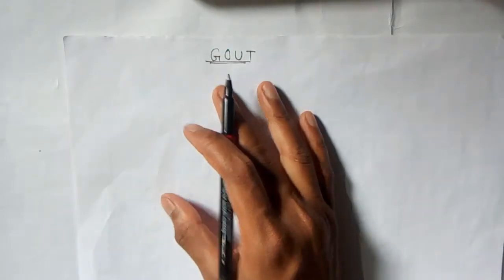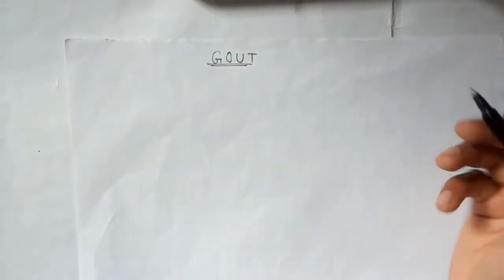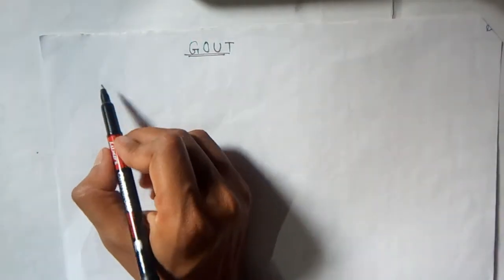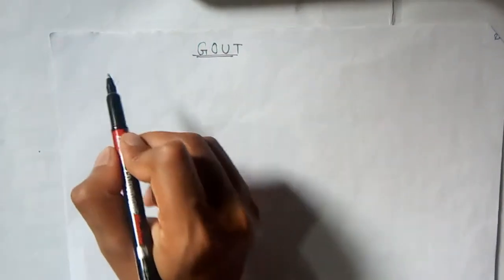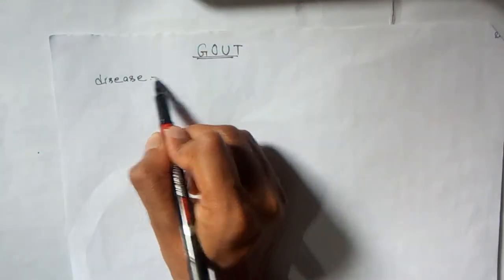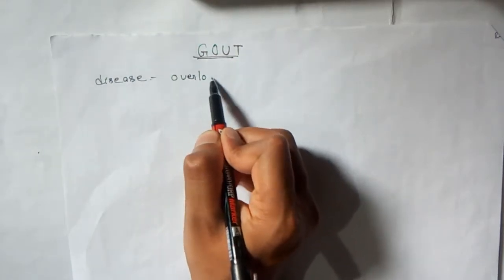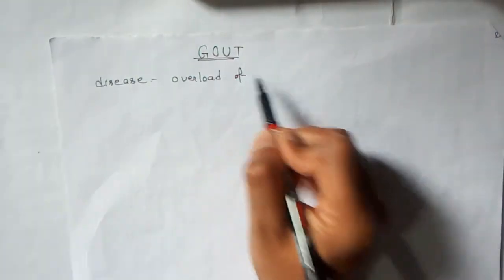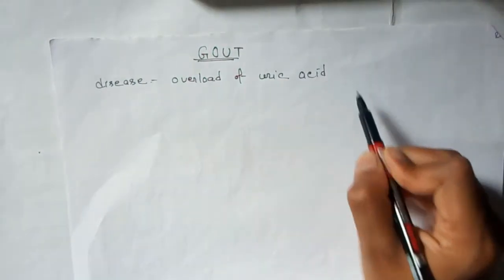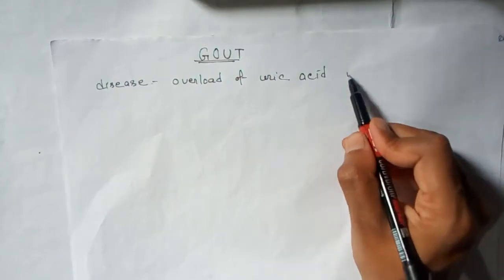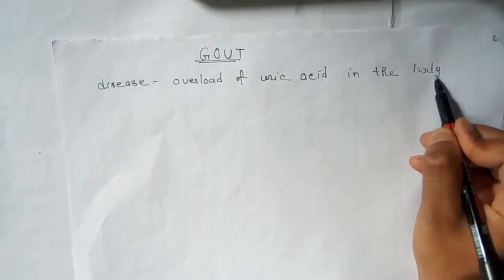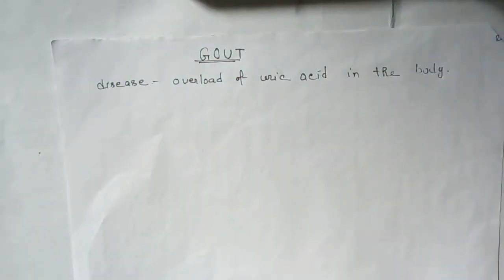Gout is a disease that results from an overload of uric acid in the body.